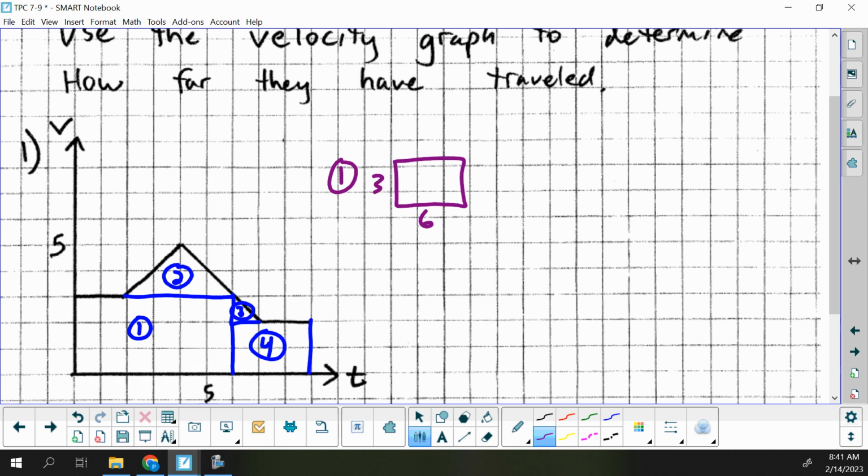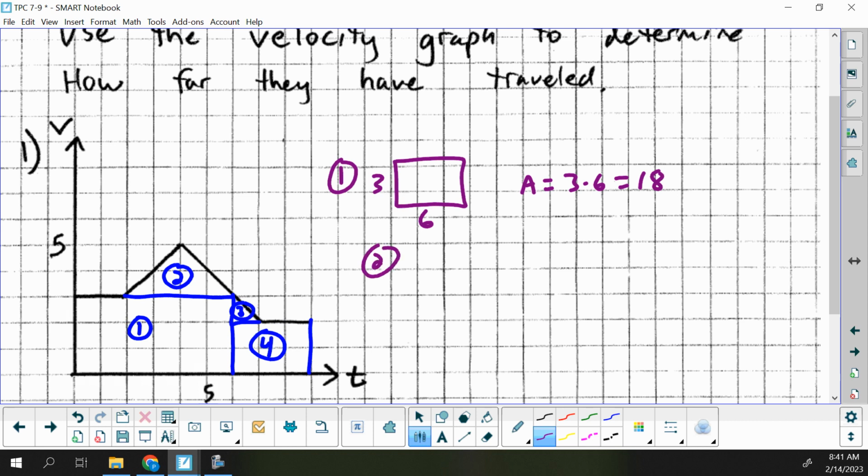And that's not because it's 6 blocks and 3 blocks. It's because based on our scale, it's 6 and 3. Again, if you look further on the page, the scales are not going by 1 each time. So you've got to be careful and think about what is the base and height based on the scales. So for this area, we just have 3 times 6, so we get 18.